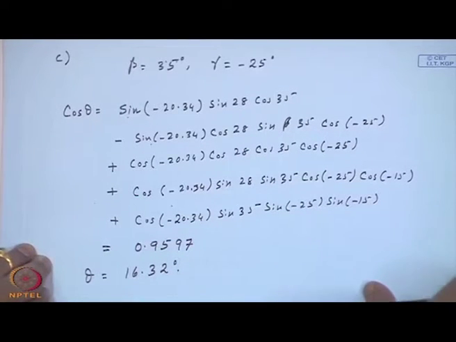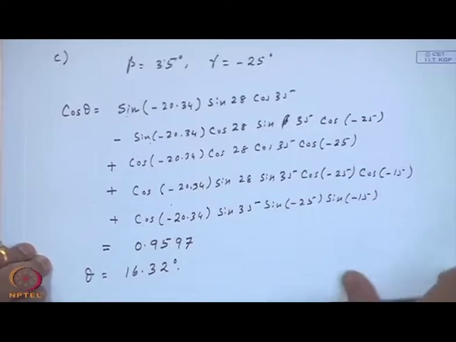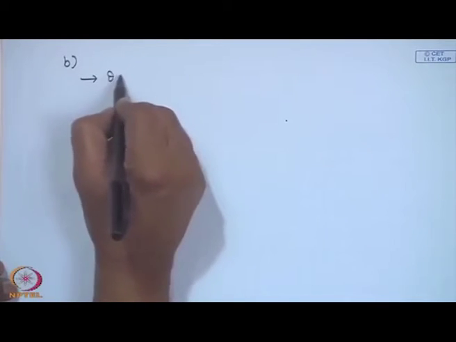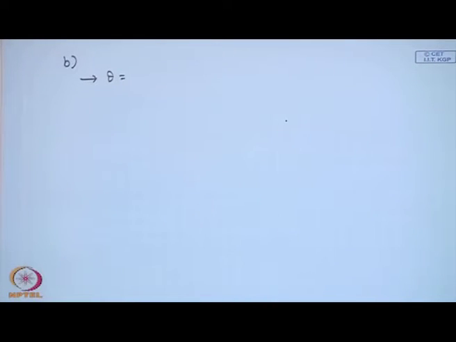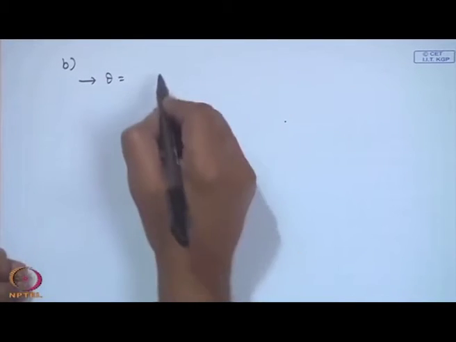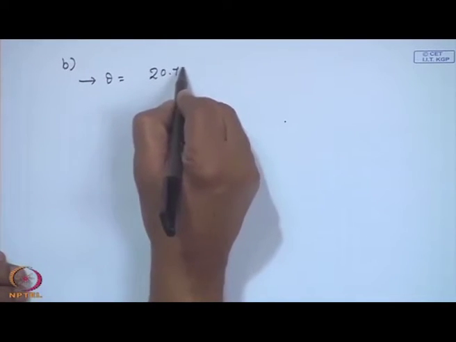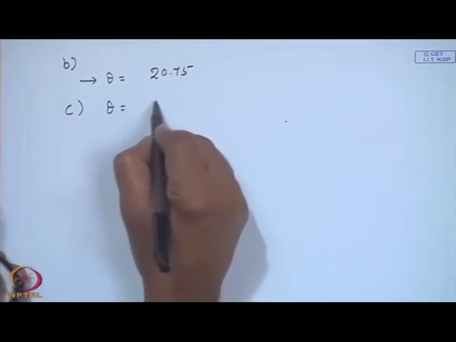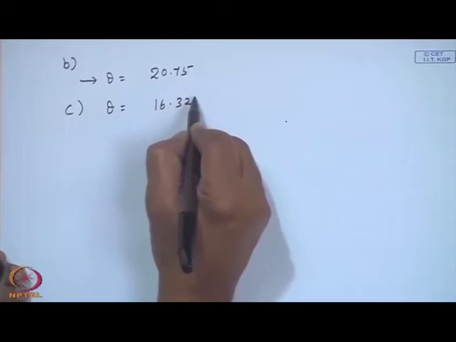So, let us compare what we had earlier. For B, theta is equal to 20.75. For C, theta is equal to 16.32.